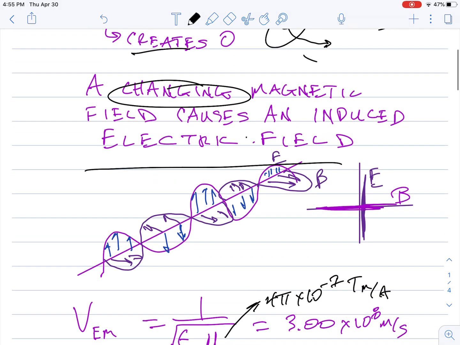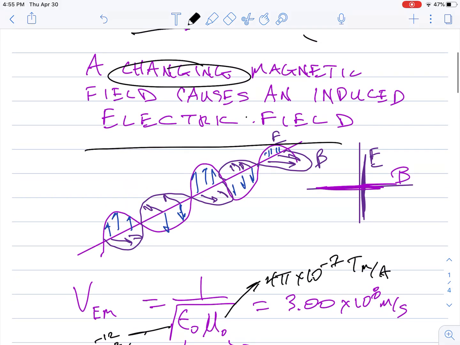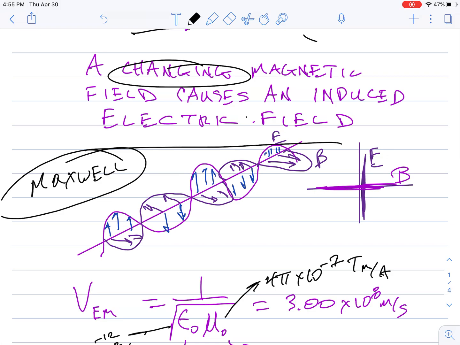So what James Clerk Maxwell came up with, and if you ever study enough physics, you'll run into Maxwell's equations. James Clerk Maxwell was the first one, and he did this in the late 1800s, to really come up with a mathematical way to treat light and what it was.